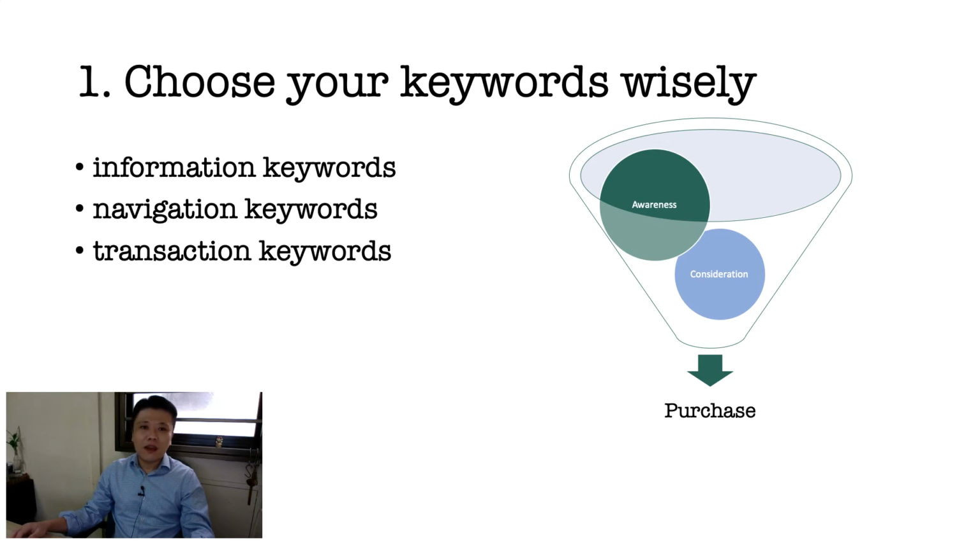And there are a few tips related to SEO I want you to know, okay? And the number 1 is you need to choose your keywords wisely. What I mean by that is I've seen many companies or executives pick up an SEO vendor and start doing SEO.